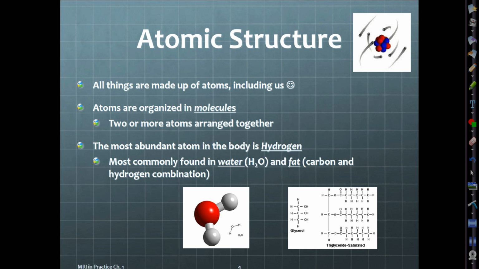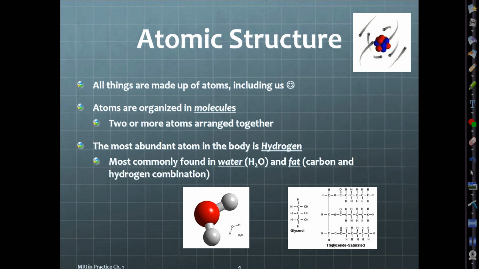Molecules and compounds are a little different. A compound is two or more elements united in a fixed proportion. The most abundant atom in the body is hydrogen. We are comprised mostly of water, and you hear the saying all the time that your body is 70-80% water, and that's true.